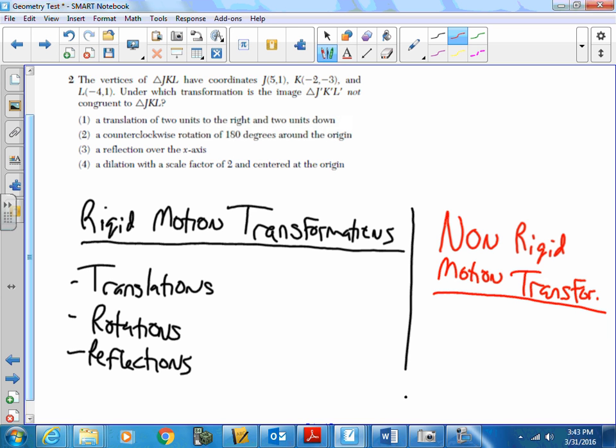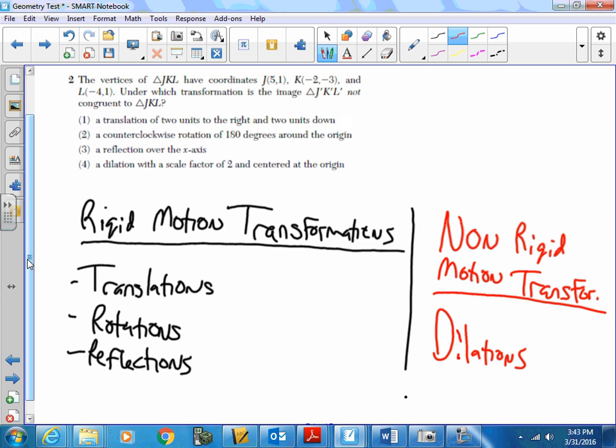And the one we talked about that should be fresh in your head, hopefully, are dilations. Dilations are not necessarily going to be a rigid motion transformation. Now, if you do a dilation of 1, that's the one case where distance will be preserved.